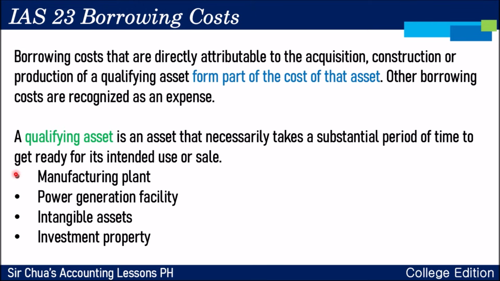For example, manufacturing plant, power generation facility, intangible assets, and investment property. Ayun po. So, hindi po lahat ng asset construction or minamanufacture ay qualifying asset ha. Nag-a-apply lang po ang IAS 23 sa qualifying asset na matagal gawin. It takes a substantial period of time to get ready for its intended use or sale.